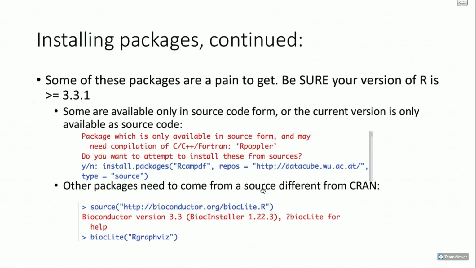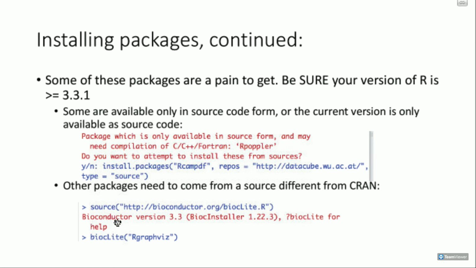Some of these packages, like the package called Rgraphviz, are not from the regular CRAN site. It's from a Bioconductor repository. Bioconductor is a group of R packages which are specifically used in machine learning, data science, and more for biological applications.